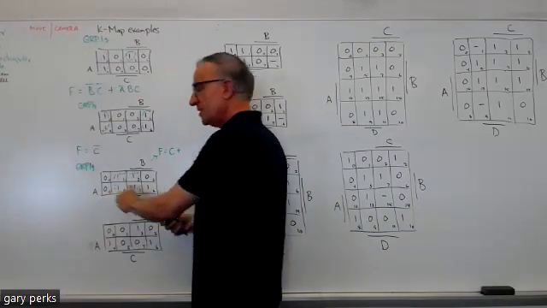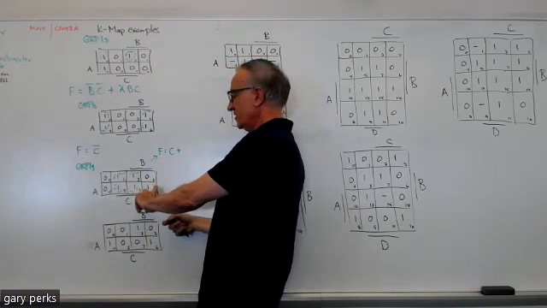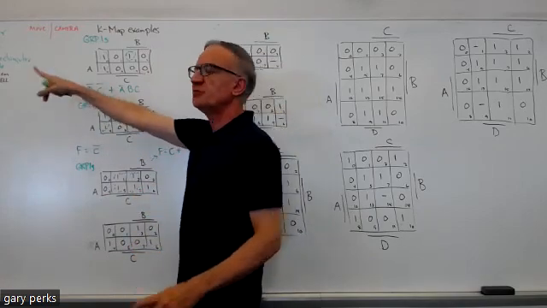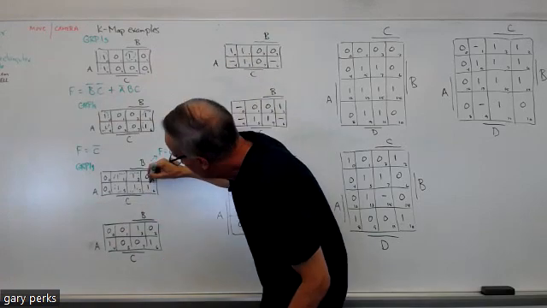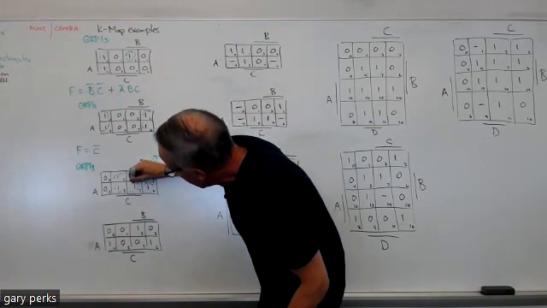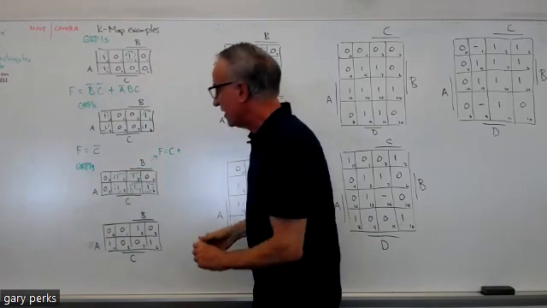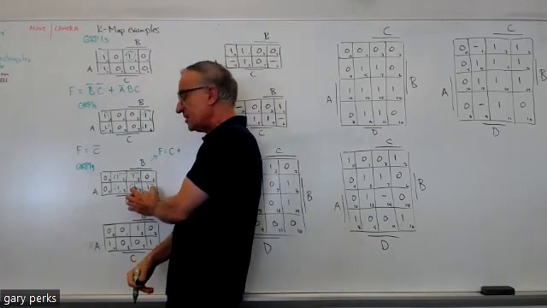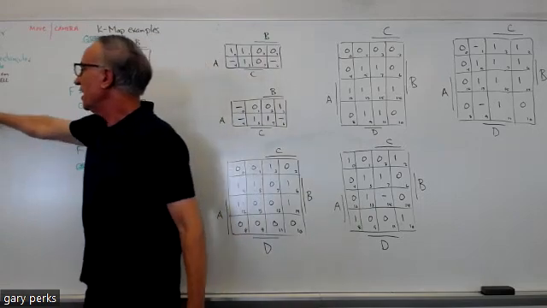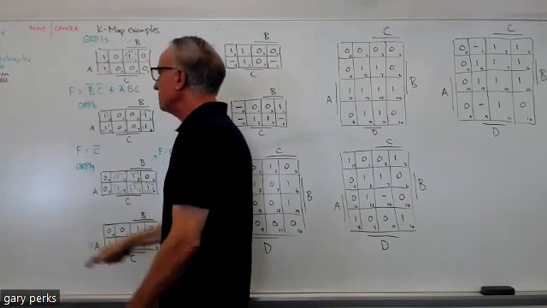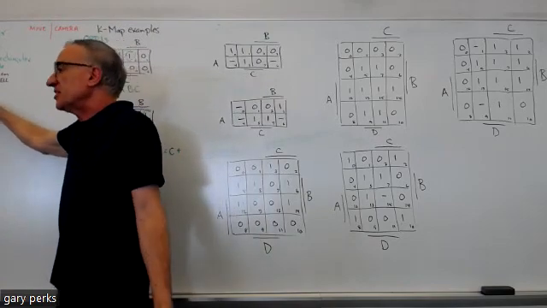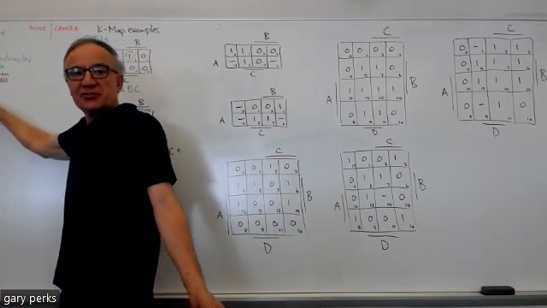So you can't do 3, but you could do 6 and 7. Yeah, because you can't do 3 groupings, but you would include this one with the 7. So you would overlap this group, right? And you see the reason for that is because if I do a two grouping, I'm going to get two variables in that term. If I just did a single grouping, I would have a term with three variables. That's not all the way reduced.